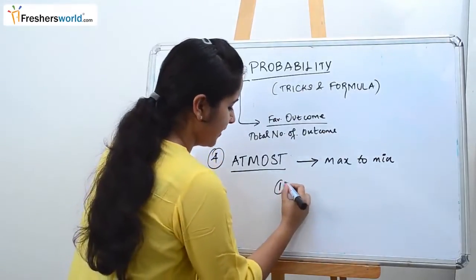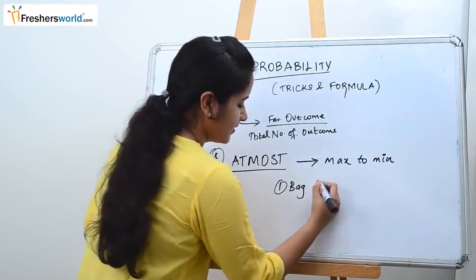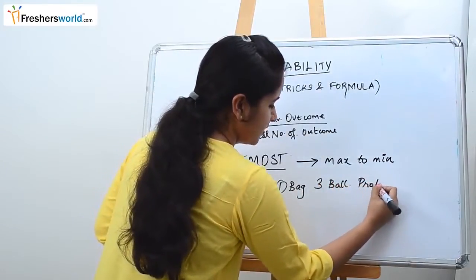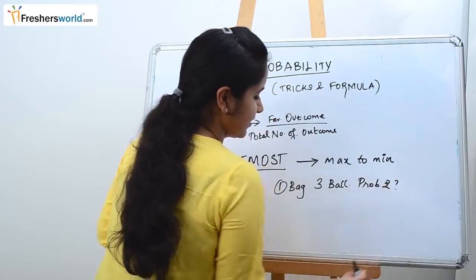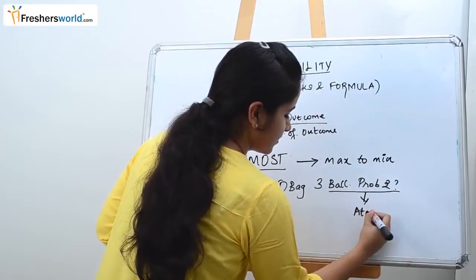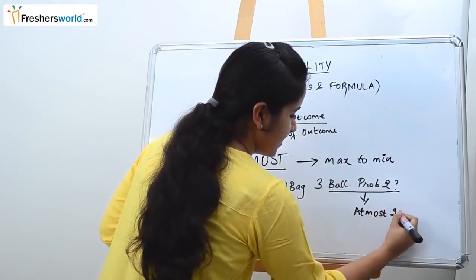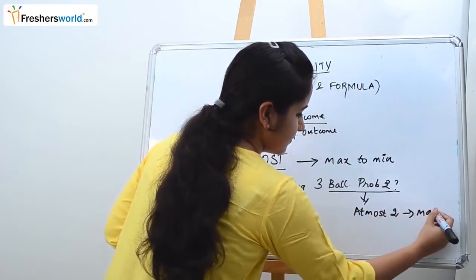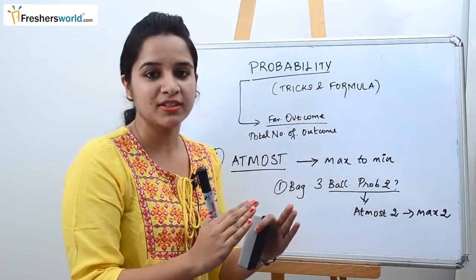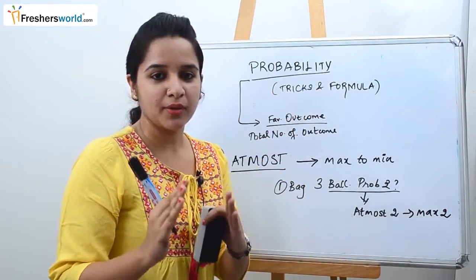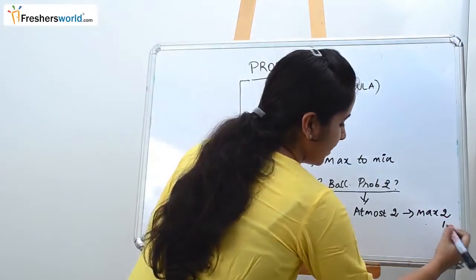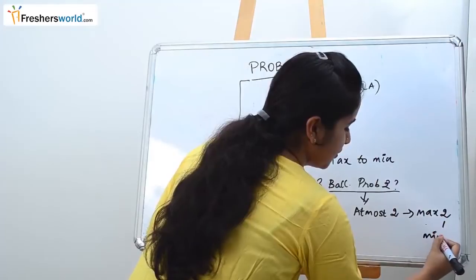So at most 2 balls means the maximum is 2 balls, then the middle part is 1, and then the minimum is 0.